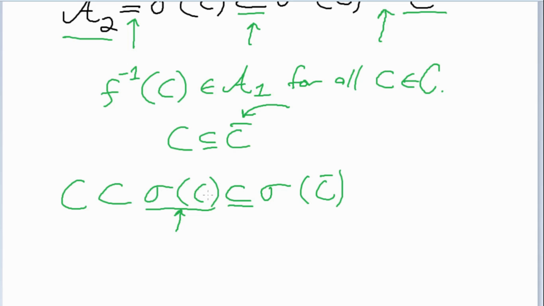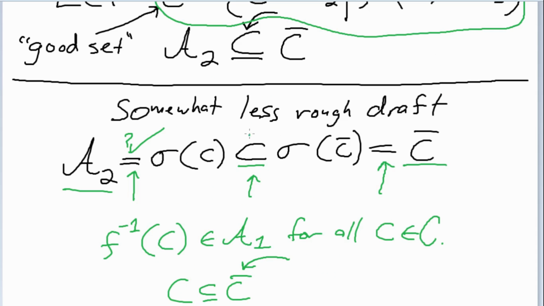So it becomes clear that sigma of C is definitely a subset of sigma of C bar. And that's exactly what we see here. So that's also true. That's not difficult to show.